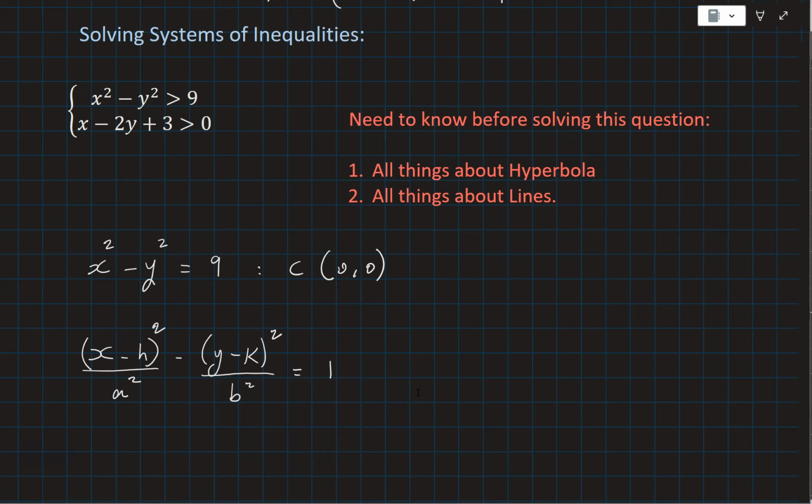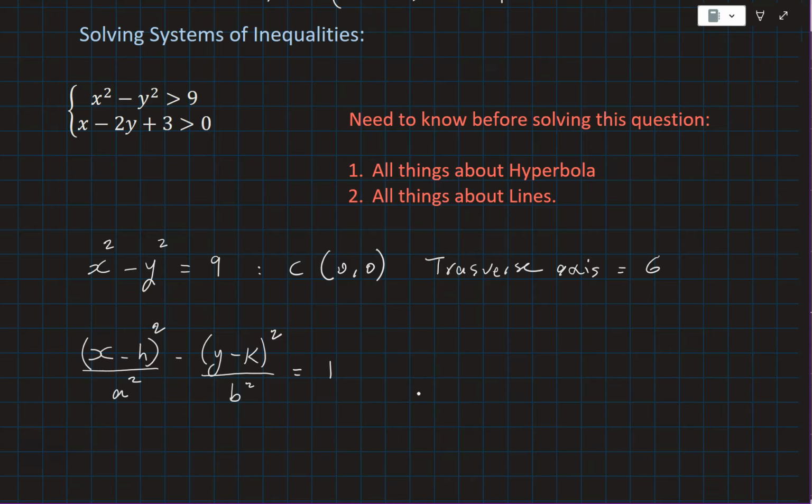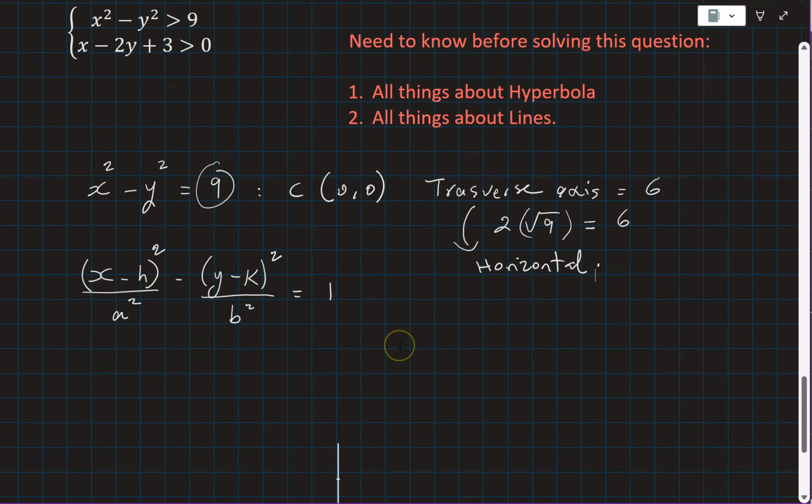We also know that the length of the transverse axis is 6, because 9 is the square of 3, and 2 times 3 is 6. And because x is positive and y is negative, it is a horizontal transverse axis. Very good, so we have that information.